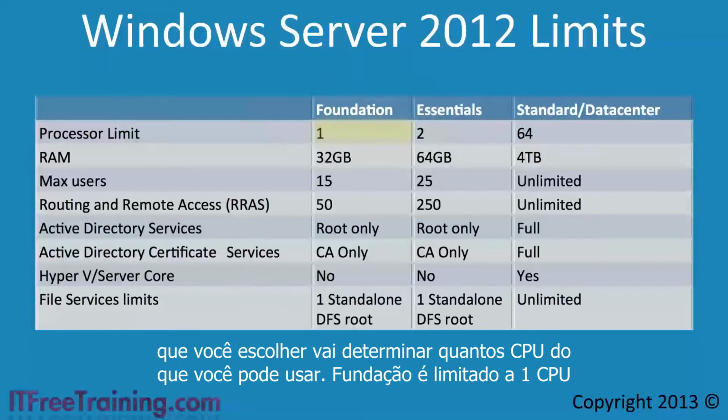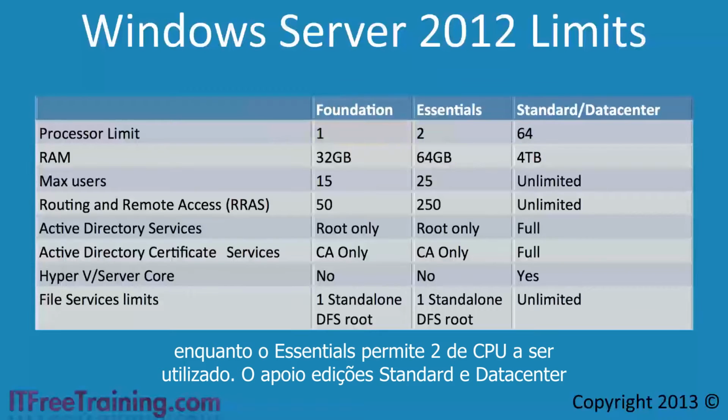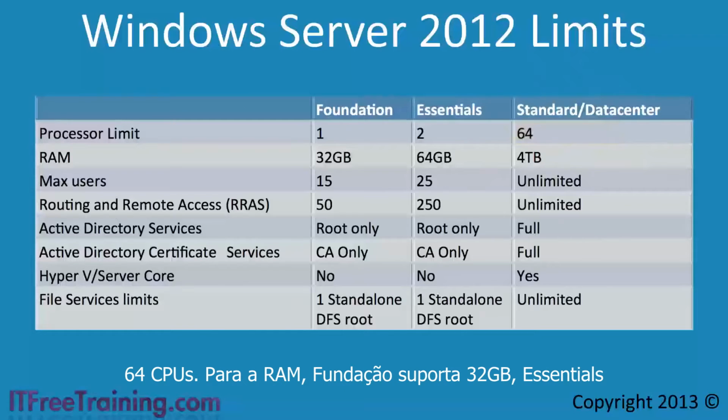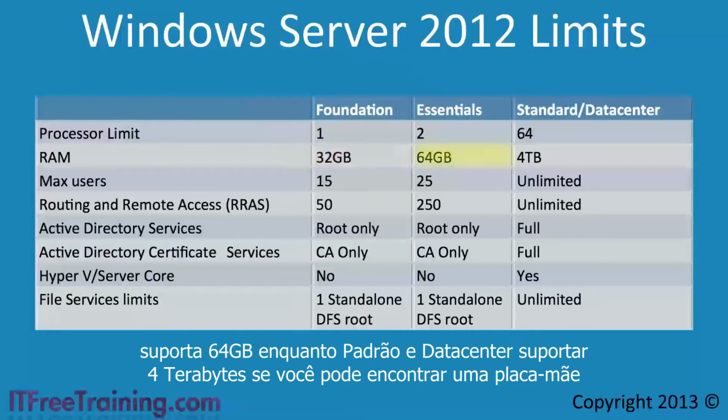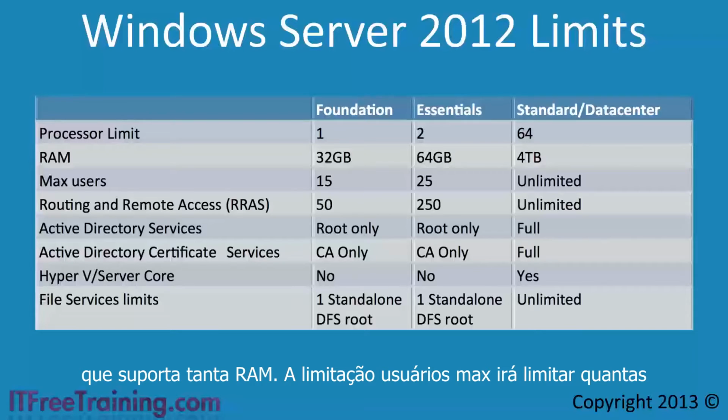Foundation is limited to 1 CPU, while Essentials allows 2 CPUs to be used. The Standard and Data Center editions support 64 CPUs. For the RAM, Foundation supports 32 GB, Essentials supports 64 GB, while Standard and Data Center support 4 TB if you can find a motherboard that supports that much RAM.